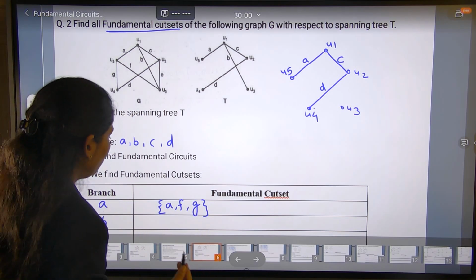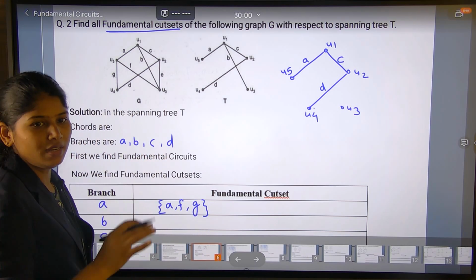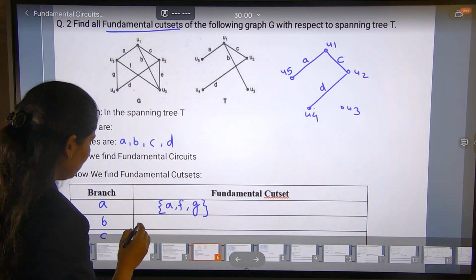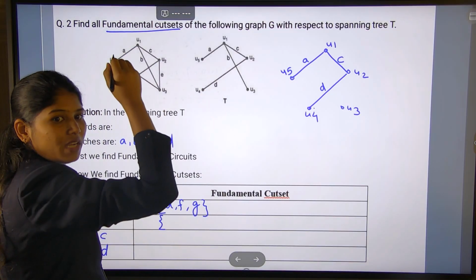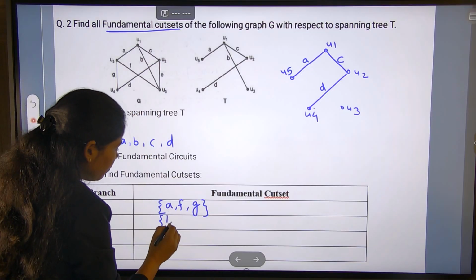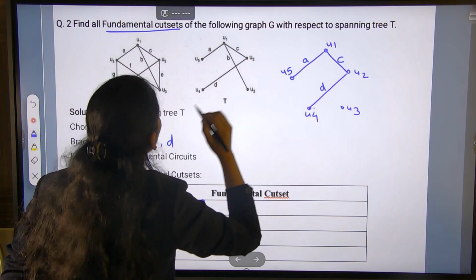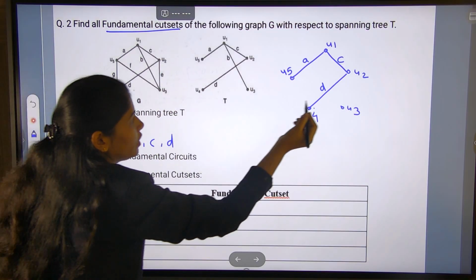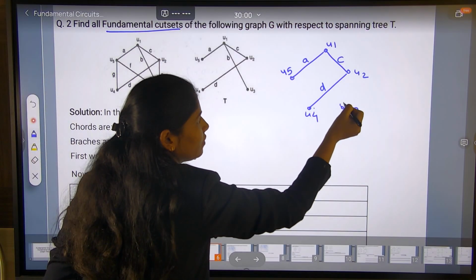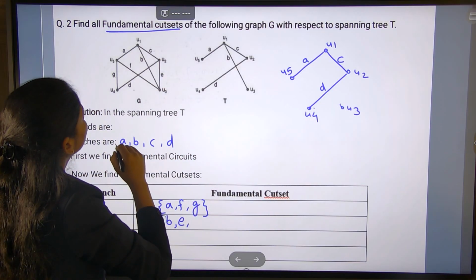So check after joining which chords we get the connected components, and write those down. The first one is the branch itself, B. If we join B, we get the connected one. Then if we join E, again we get the connected graph.